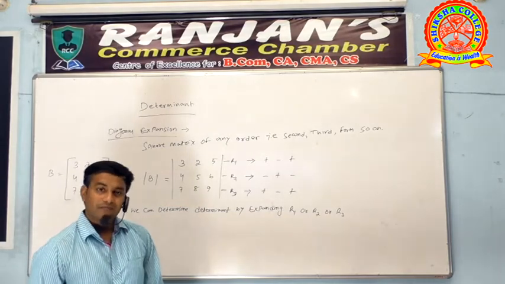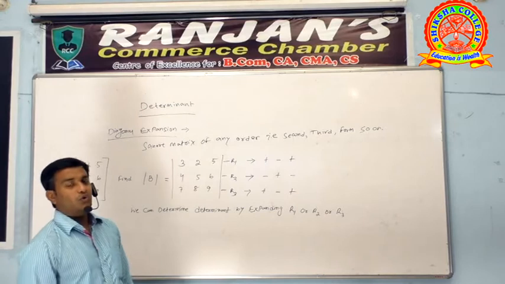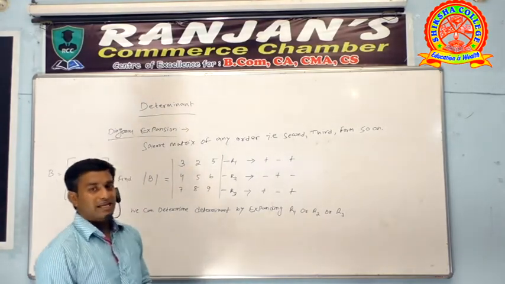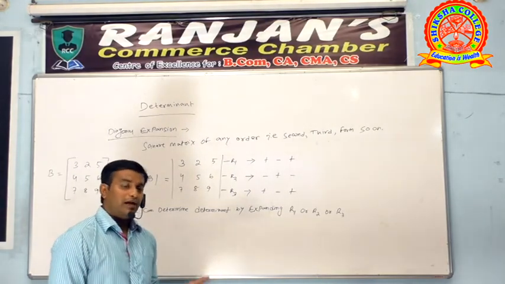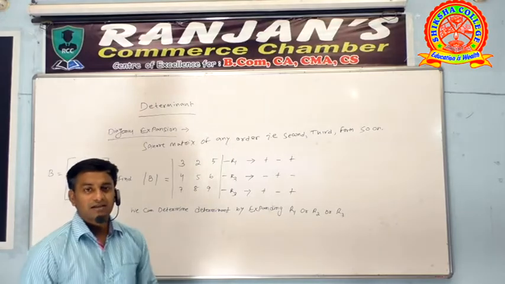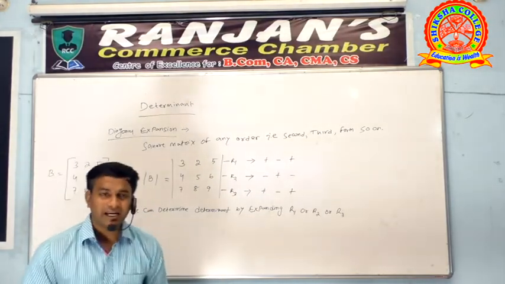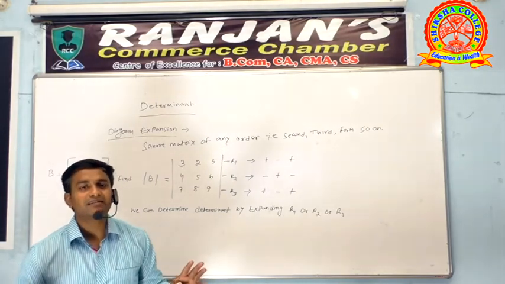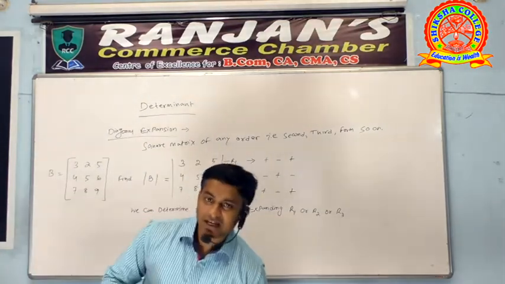Is it clear? We can take any row, we just have to follow a simple sign rule: row 1, plus, minus, plus; row 2, minus, plus, minus; row 3, plus, minus, plus. Very simple to understand and easy to remember, nothing to discuss over here.